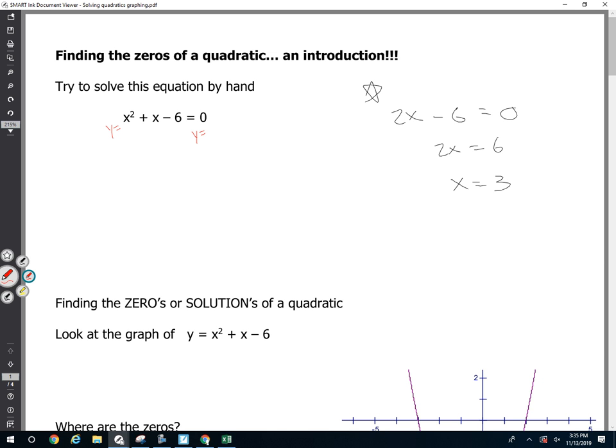Graph y equals x squared plus x minus 6 and graph y equals 0. You won't be able to see y equals 0 because y equals 0 is flat on the x-axis, unless you have one of our fancy colorful calculators.